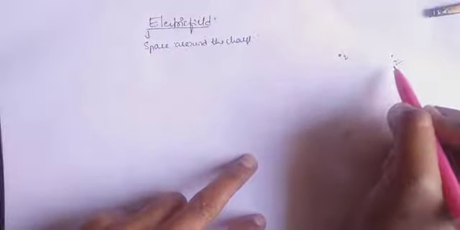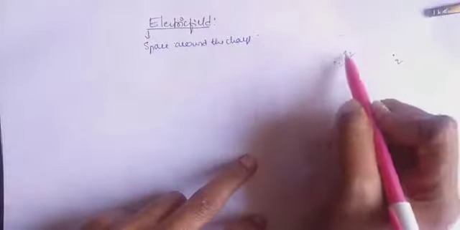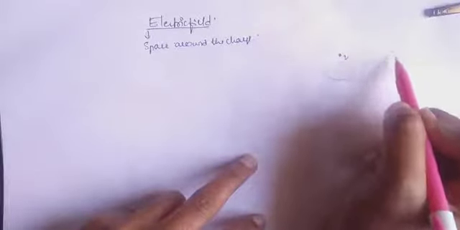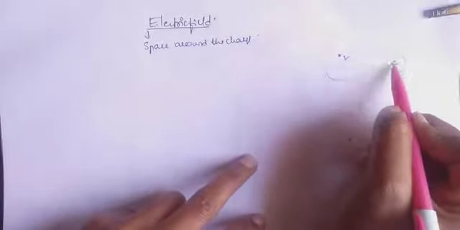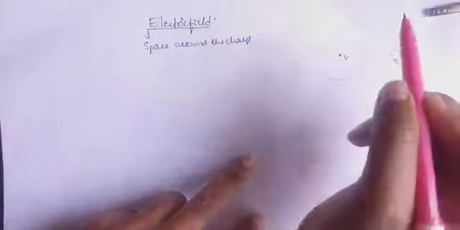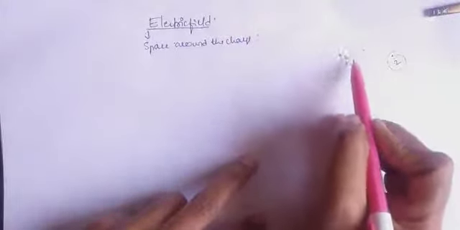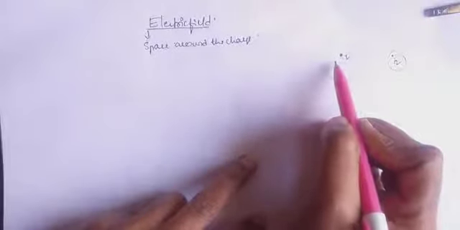Here we place another charge, so the effect of this charge can be experienced by that charge. That means how much space it occupies to apply this effect, that is the electric field.